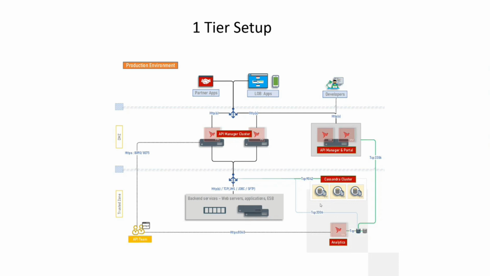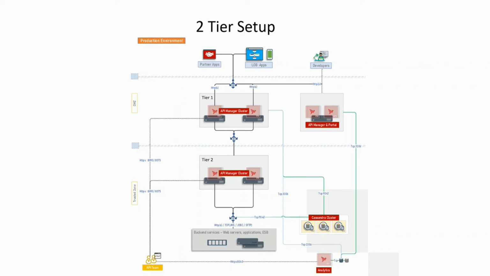Any operational data we store in Cassandra, which you can keep in your trusted zone, and communication happens via a firewall. Even the analytics piece and your backend RDBMS can sit in your trusted zone. You can create an external gateway, which looks like an edge gateway, and the portal, which is of course for the developers.